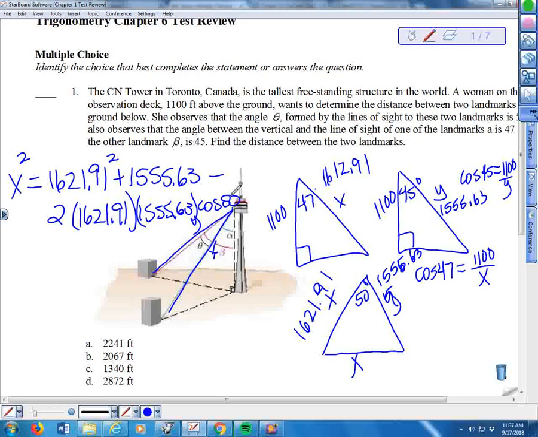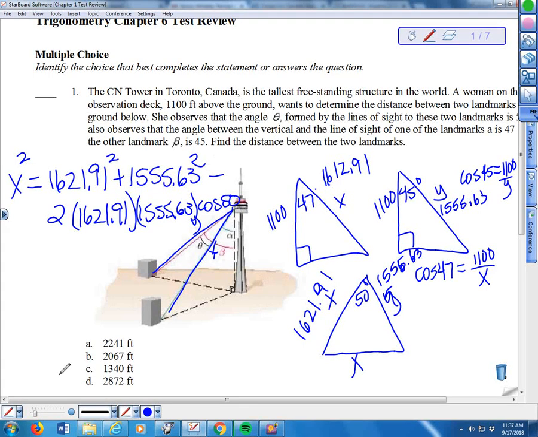So 1621.91 squared plus 1555.63 squared minus 2 times 1621.91 times 1555.63 times cosine 50. And I get a big number that I then take the square root of, and I get 1340.